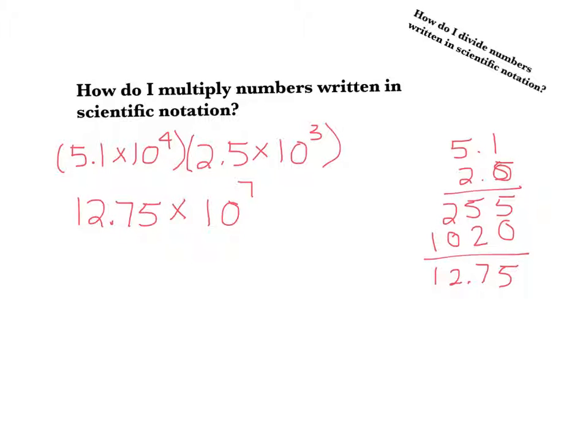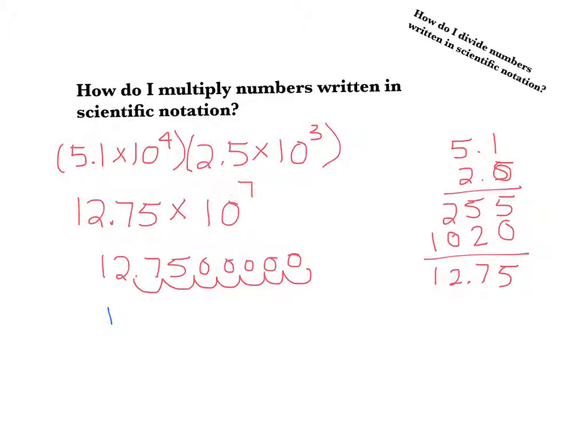The third and final step is that if this number isn't properly written in scientific notation, then we need to follow the rules above that we just saw in our last video. This one isn't, so we need to go ahead and change it. In fact, 12.75 times 10 to the 7th actually needs to move over 1, 2, 3, 4, 5, 6, 7. It has 5 zeros.